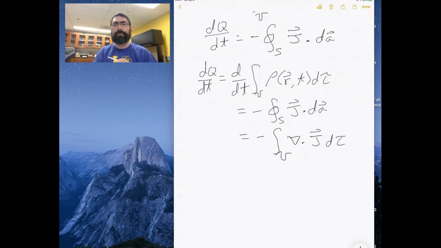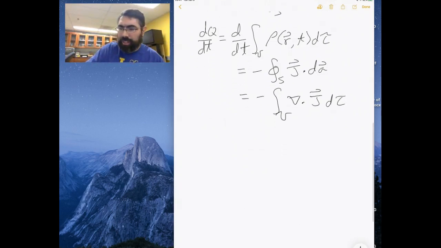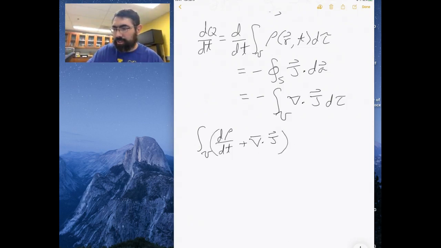Now what I have is a volume integral on the left-hand side and a volume integral on the right-hand side, which means, if I write it out, I have a volume integral of the time derivative of my charge density, plus the divergence of the current, integrated over the whole volume, and that should be equal to 0.